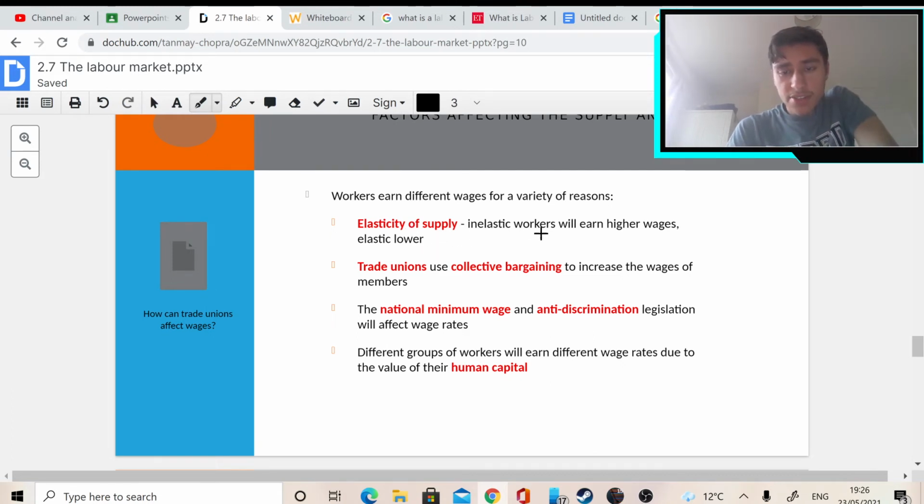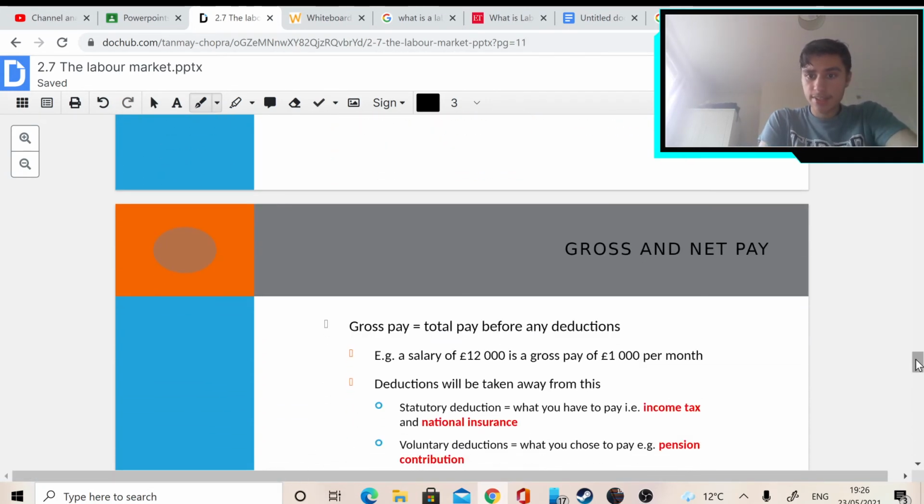Inelastic workers would usually be those who have a lot of skills. Trade unions use collective bargaining to increase the wages of members, as I told you, so they work as a group. The national minimum wage and anti-discrimination legislation will affect wage rates. Different groups of workers will earn different wage rates due to the value of their human capital.